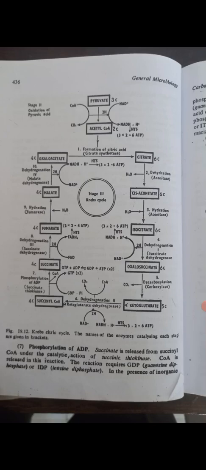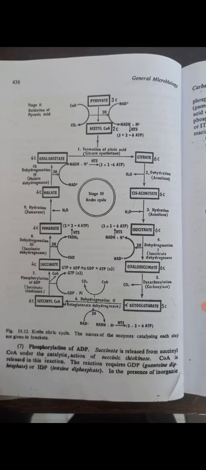There are actually 6 ATP molecules in the first step, that is pyruvate to acetyl CoA. Here 6 ATP molecules are produced. Then again in the fourth step, dehydrogenation reaction with isocitrate dehydrogenase, here also 6 ATP molecules were produced.